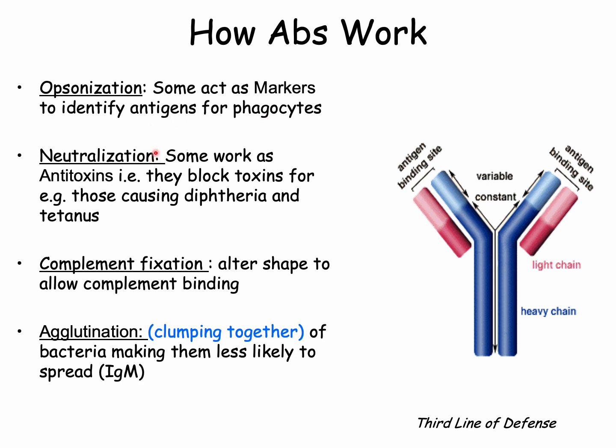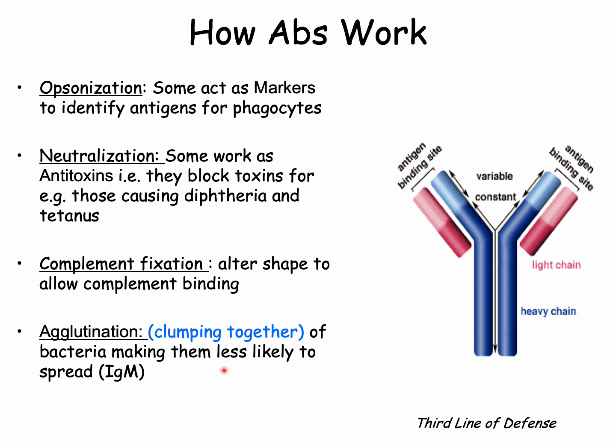Neutralization, certain antibodies can work as antitoxins and block the toxin from binding a cell, and we'll see an example of that on the next slide. Complement fixation, they can allow for complement binding. So remember all of those 25 to 30 complement proteins. So antibodies can help complement binding and help start the complement cascade. And then we have agglutination, and this is clumping together.